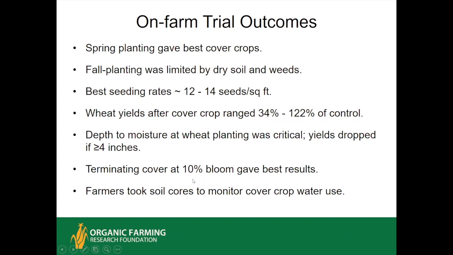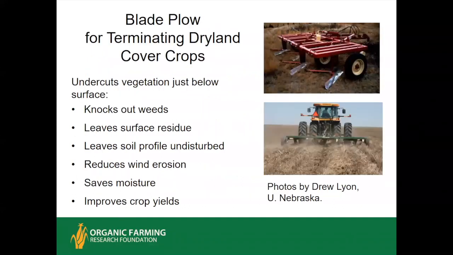Again, terminating the cover crop a little early at 10% bloom gave the best results. It reduced moisture depletion. And one of the tricks that was recommended is to have farmers take soil cores during the cover crops to see when it was beginning to use too much moisture and it was time to get out there and terminate it. Okay, well, how do you terminate a cover crop when you're limited on moisture?